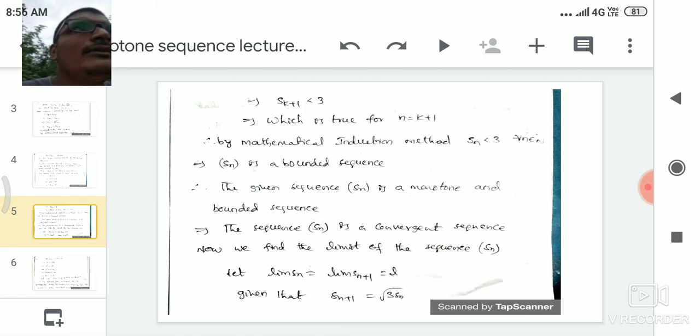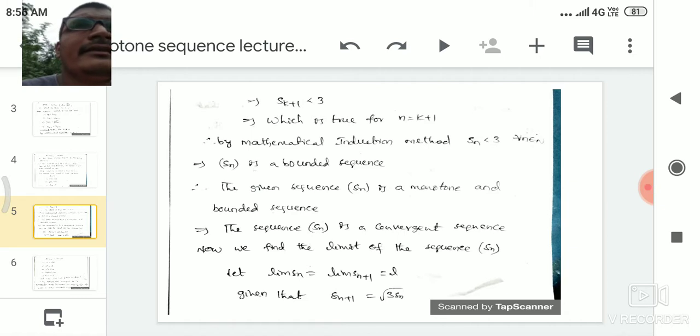So lower bound and upper bound exist. Whenever a sequence has a lower bound and an upper bound, we say that the sequence is a bounded sequence. So the given sequence is a monotone and bounded sequence.